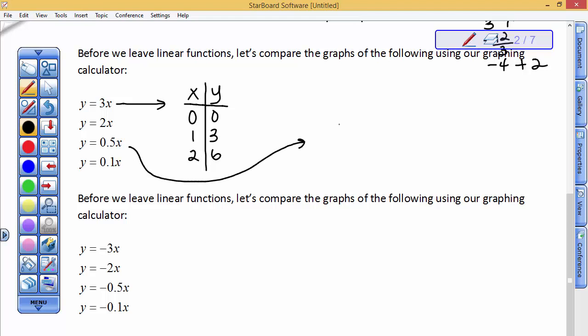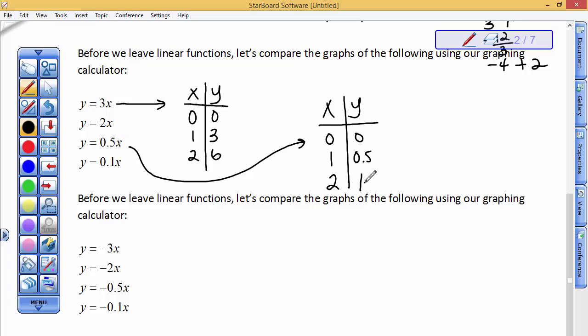But when you put in a 1, 0.5 times 1 is 0.5. Look at this 1 and that 3. 1 and 0.5. Much smaller y number. You put in 2. 2 times a half is 1. Here it was when x was 2, y was 6. X was 2, y is 1. So the change in y is not as great as here in this 3x equation.